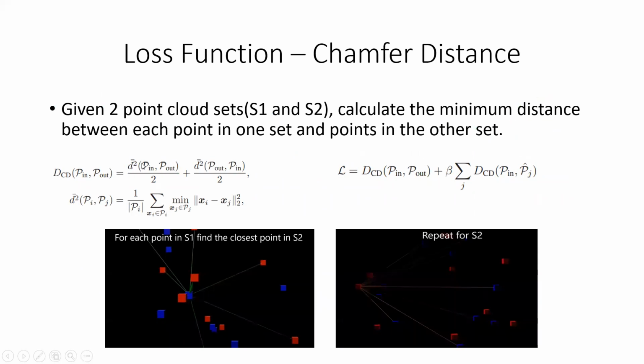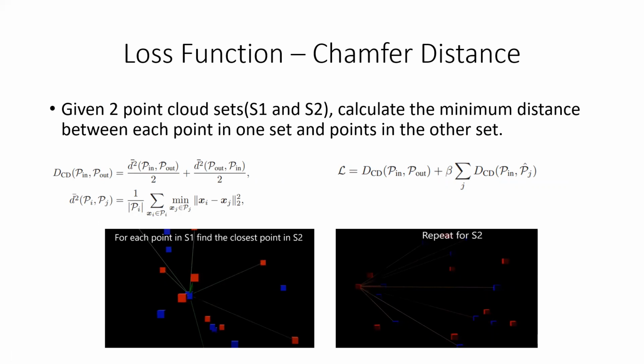Okay. So the first part of the formula considers P in and P out. So what it does is, for each point in the input point cloud, you will find the closest point in the second point cloud, right? Okay.